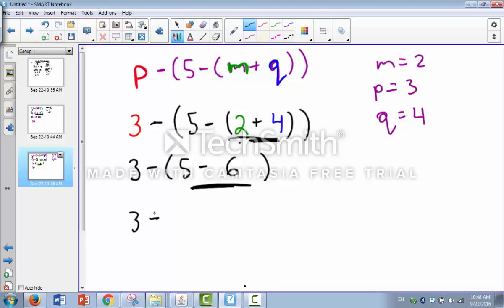So 3 minus 5 minus 6 is negative 1. I'm still going to have brackets around this because it's a negative number, and I just want to clearly show that it's a negative number. This 3 minus negative 1, which is the same as adding, and the answer is 4. That's kind of a fun question.